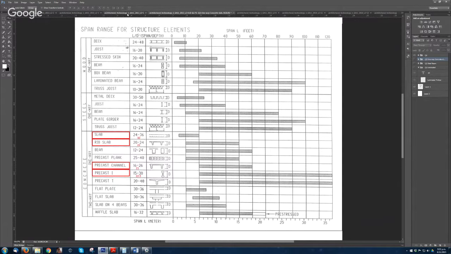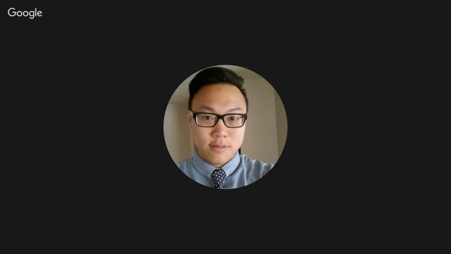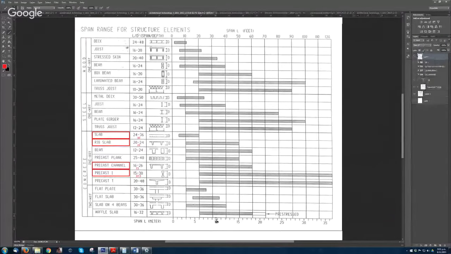They asked 10 meters. So I forgot to add that. So you go 10 meters. Okay, you can see that the one-way slab doesn't touch, so you don't use that. So you can only use the rib slab, precast channel, and the precast eye.